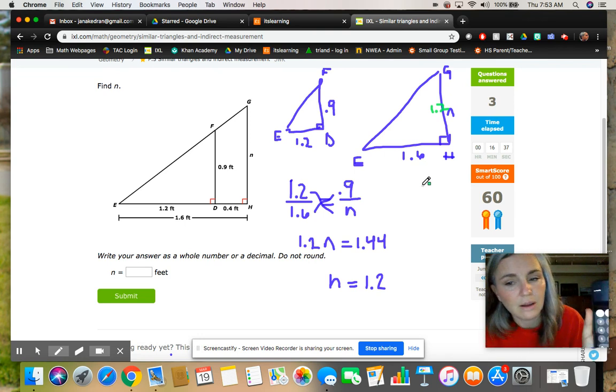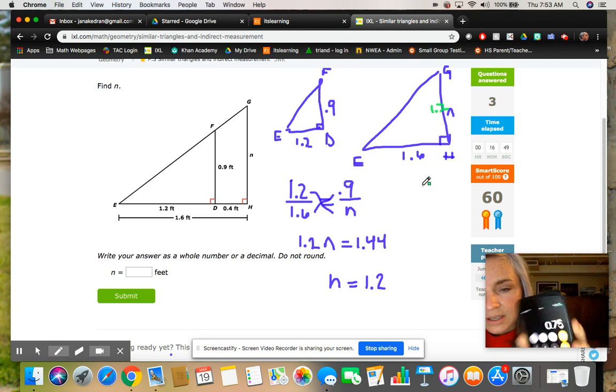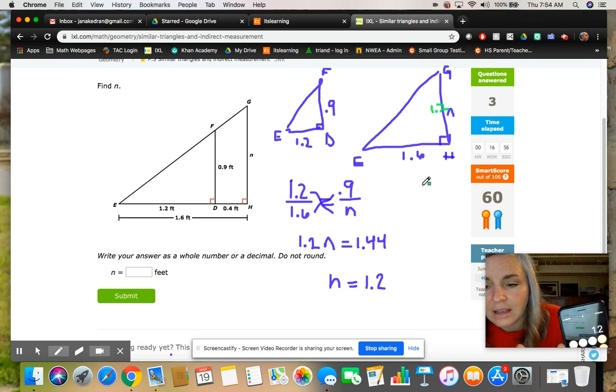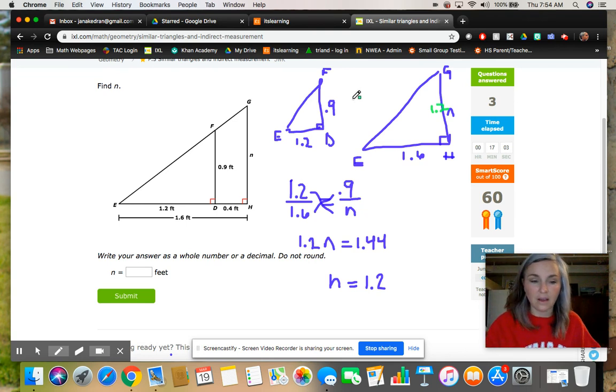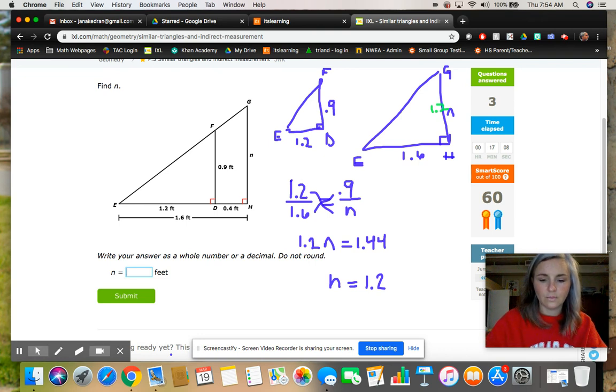So I take 1.2 and divide it by 1.6, and I get 0.75. And then I'm going to divide 0.9 by 1.2, this 1.2 this time, and I'm going to get 0.75 again. So I feel confident that I have the right answer, which was 1.2.